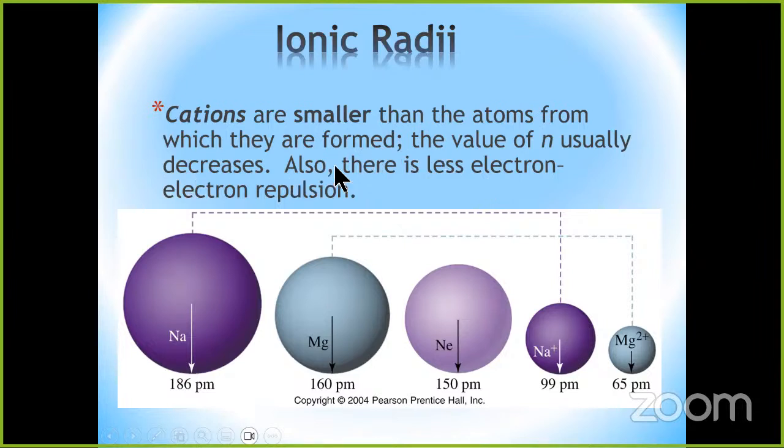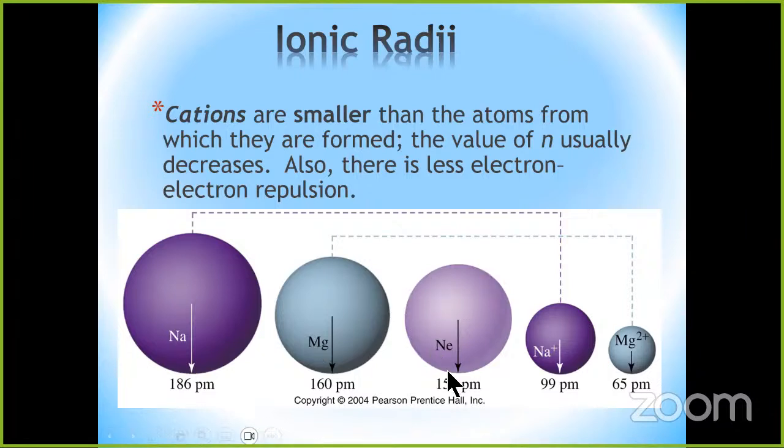When you remove electrons from an atom to form an ion, basically you have fewer electrons left. Fewer electrons left means there are fewer repulsive forces between the electrons, and therefore the electrons would be closer to the nucleus, and therefore the cation that is formed will be of a smaller size compared to the atom from which it is formed, all right?